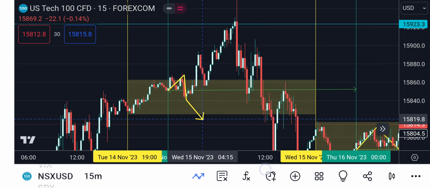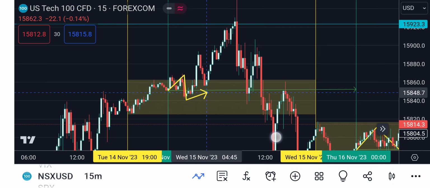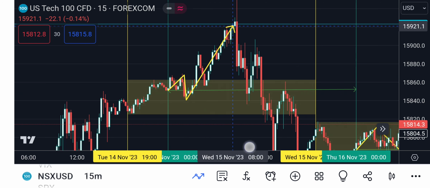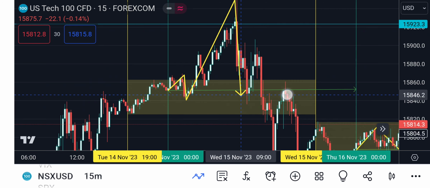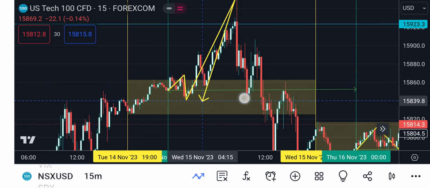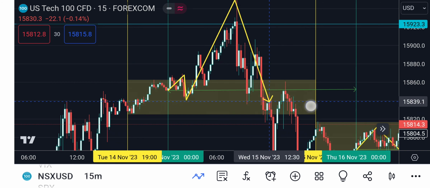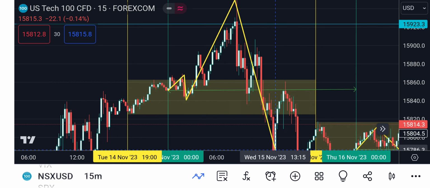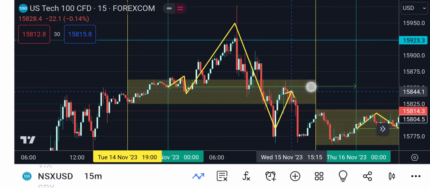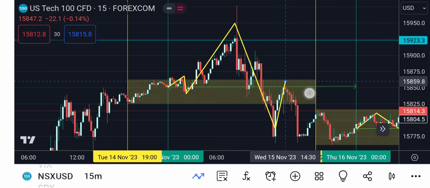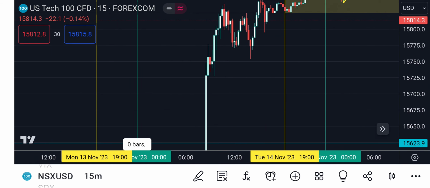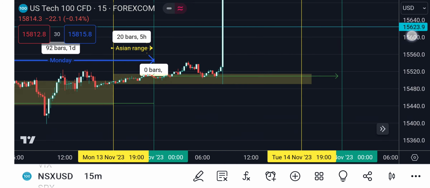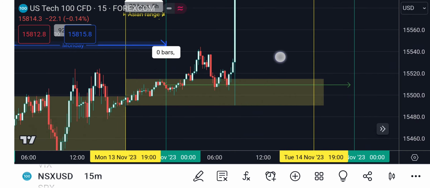This time it didn't dip all the way down here, just came below the opening, went all the way up, came back, bounced here on this daily opening line, went all the way down, then bounced again off that line. I hope you guys can see what I'm showing you here. Same thing happened on this day as well, on a Tuesday.